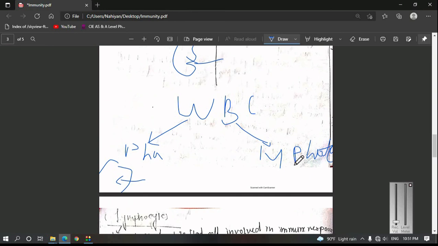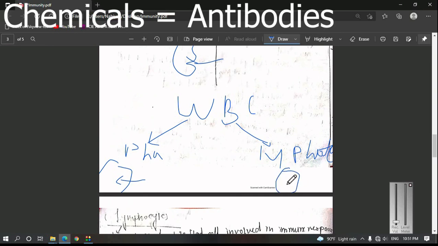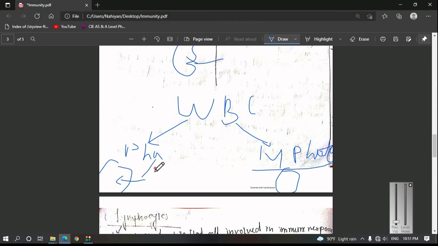What they do is produce chemicals and so on, and we will look at this now. So there are two types of phagocytes. The function is the same, just that one is primary and the other comes into play later. One is found everywhere, and the other is around special organs. The smaller one is the neutrophil and the bigger one is the macrophage. So that's it, done. Coming to the lymphocyte.